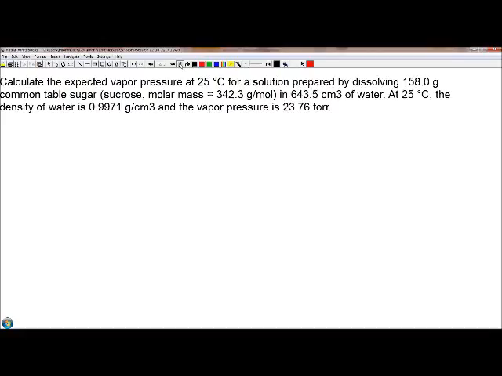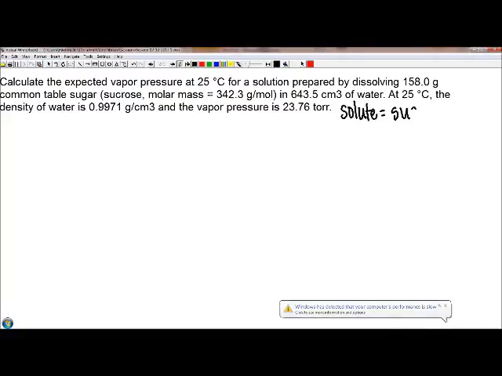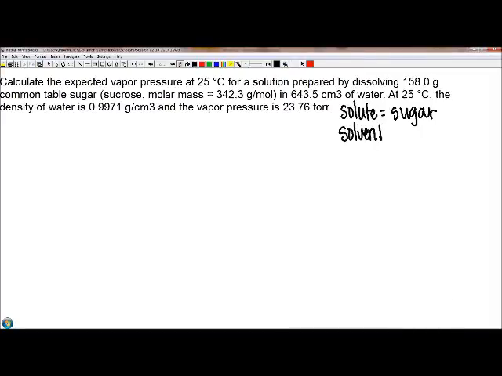We have dissolving sugar in water, okay? So that's telling us that the solute is going to be the sugar, and the solvent is going to be the water. Okay, just so we can get our heads wrapped around that.